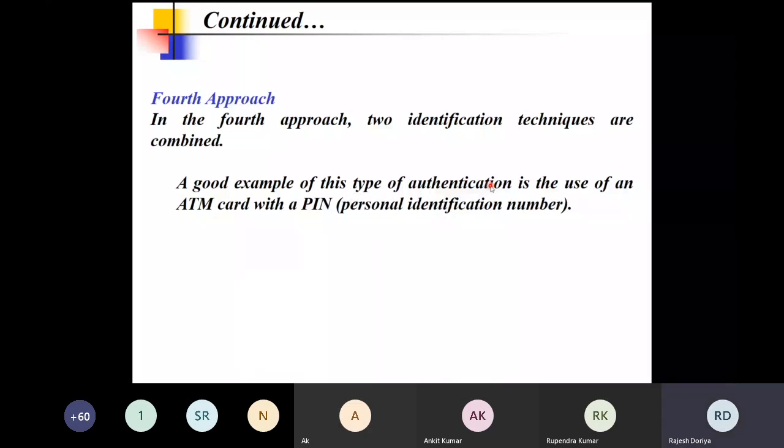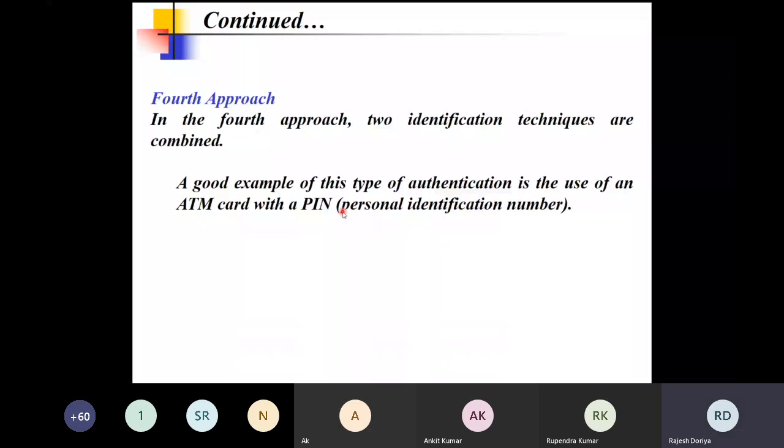In case of an ATM, we present a physical card along with a password, which is your PIN. So one has to have the ATM card as well as a PIN. When we have both of these things, only then can the access be granted. So this is the fourth approach, where more than one identification technique is combined in order to grant the access.